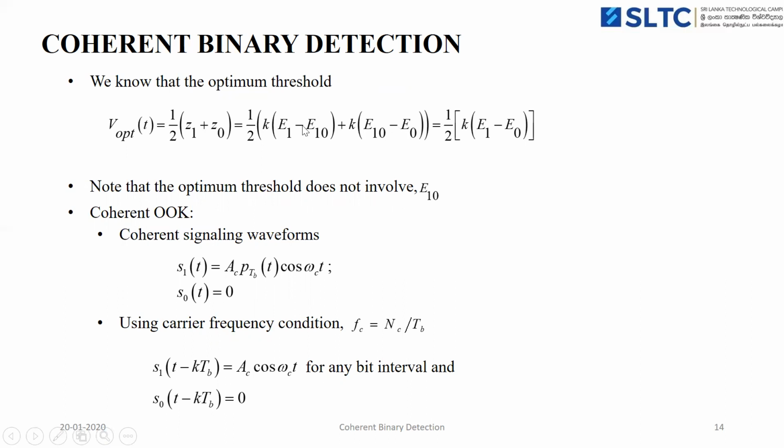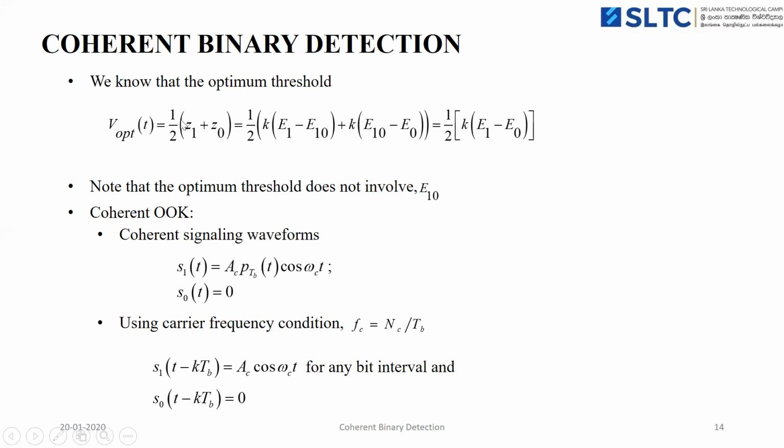Now we can see the minus E1 0 here and the plus E1 0 here will cancel. So finally the optimum threshold is 1 by 2 into K of (E1 minus E0). Now you can observe that in this optimum threshold the product of bit energy, E1 0, is not involved.